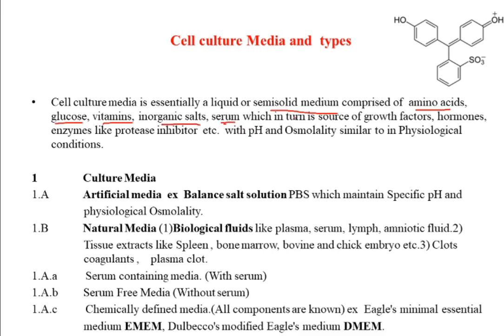Serum is optional, which is in turn a source of growth factors. Now why we add serum? Because serum, we add a bovine serum albumin. So this bovine serum albumin is having growth factors, hormones, and enzymes like protease inhibitors, and it is having factors that are not known to us right now.